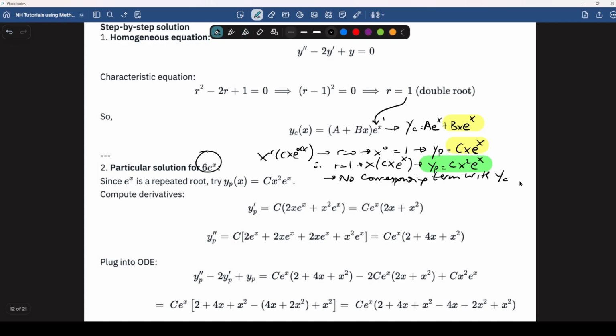Just take note here: yp equals c x squared e to the power of x, and we will need to use the product rule to find yp single prime, which is what's happening here.